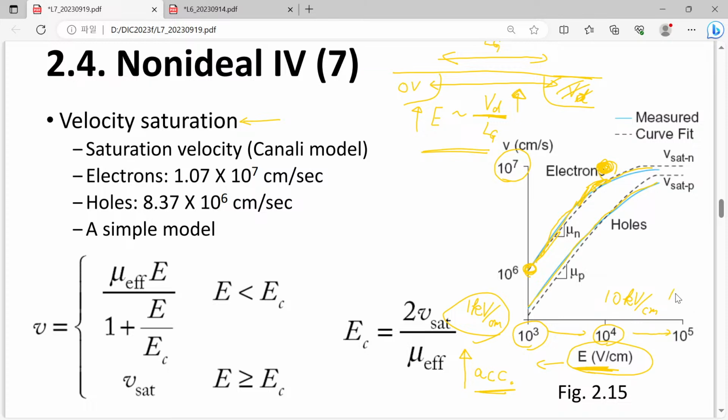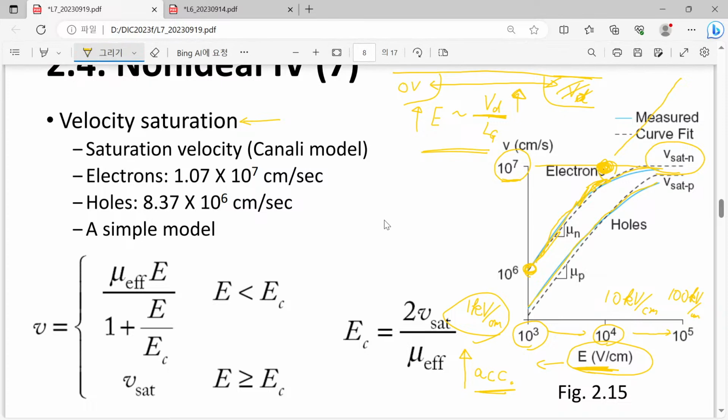Then please consider this once again. Now we increase the electric field 10 times further, to 100 kilovolt per centimeter. Do you expect 10 times faster electrons? Unfortunately not. The speed is saturated, and this saturated value is about 10 to the 7 centimeters per second. So now you can expect that there is one effect.